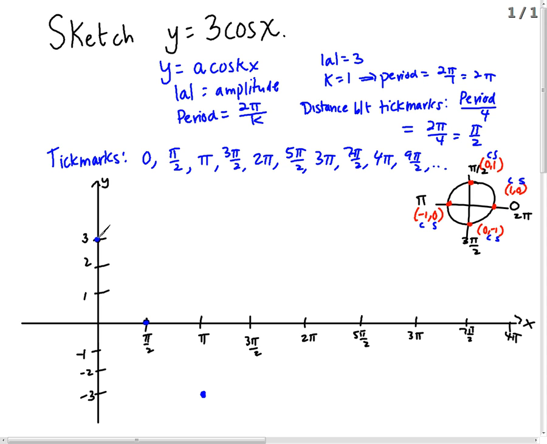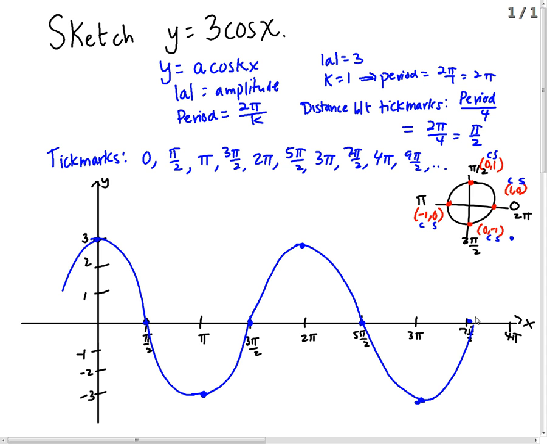And we're going to see cosine goes high, middle, low, middle, high, middle, low, middle, high. So we can connect these in a nice curve. Get a little bigger, make sure I hit it. This is y equals 3 cosine x.